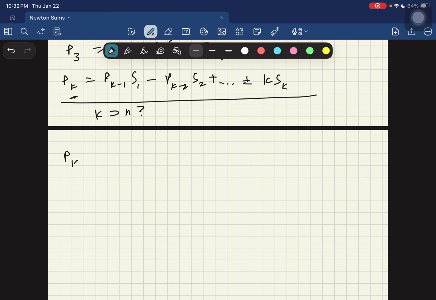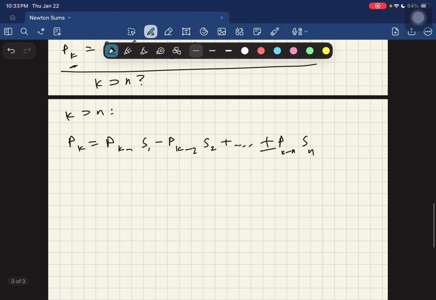So this is what happens if n is less than k. I'm just going to write down the formula again. This is going to be equal to Pk-1 s1 minus Pk-2 s2 plus, all the way, alternating the plus minus again, until you reach sn and then Pk-n.